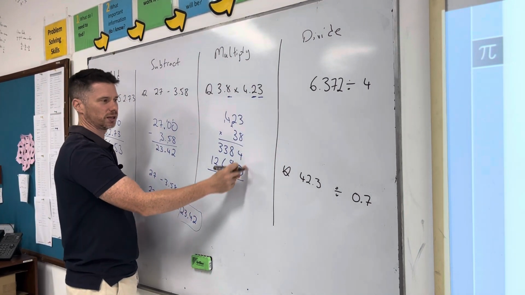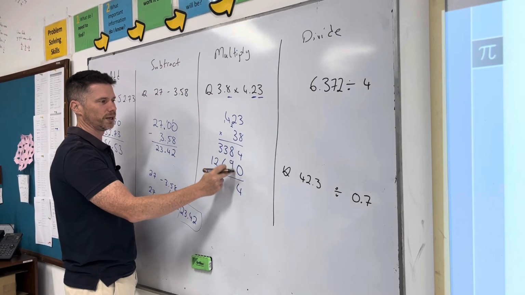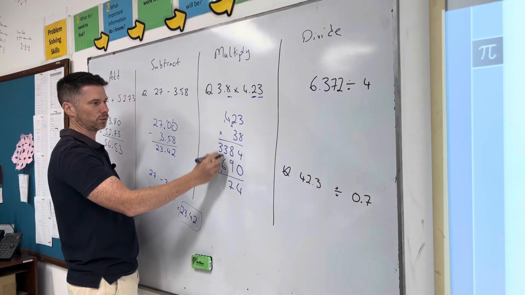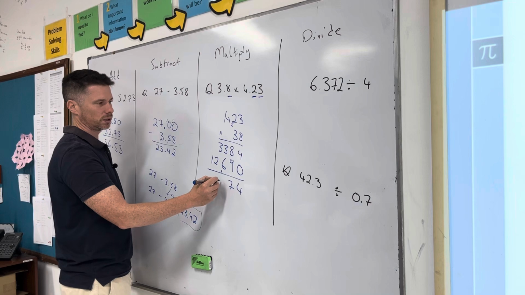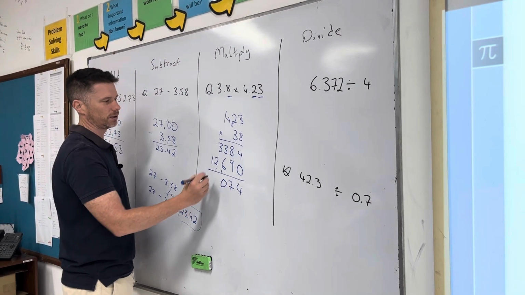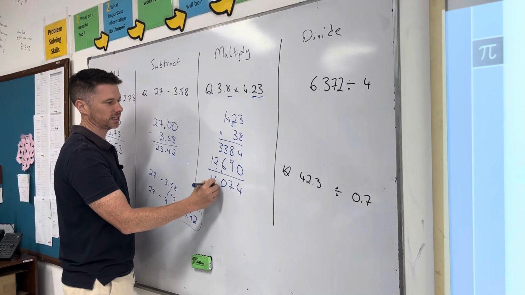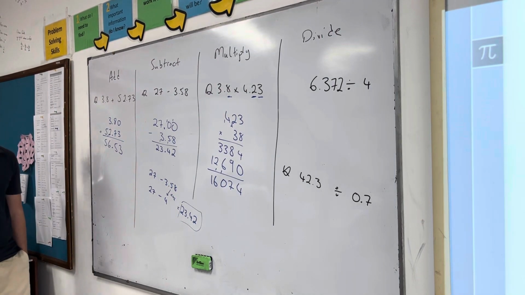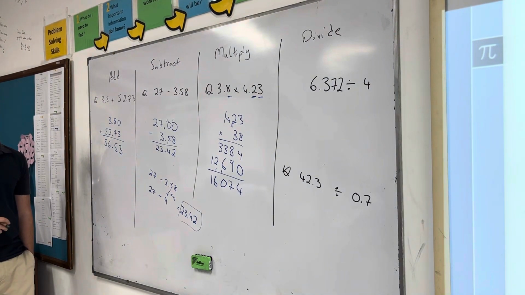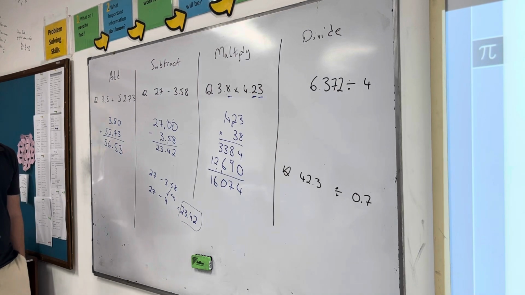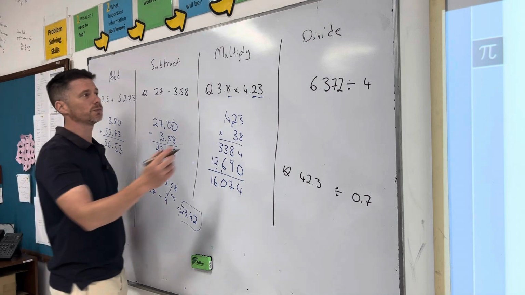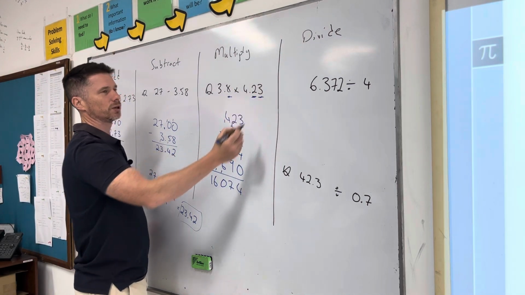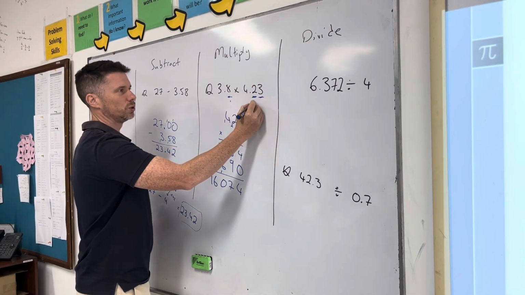Let's just finish the add. 4 plus 0 is 4. 8 plus 9, 17. Carry the 1. 3, 6, and 1 is 10. Carry the 1. 6. So I have 16,074. So there's 2 ways I can think about how I can get the decimals back in. The way we looked at last week was how many decimal places are in the question. 1, 2, 3.